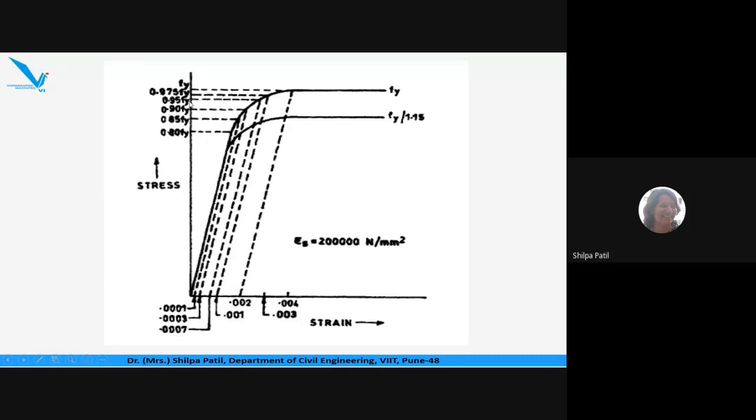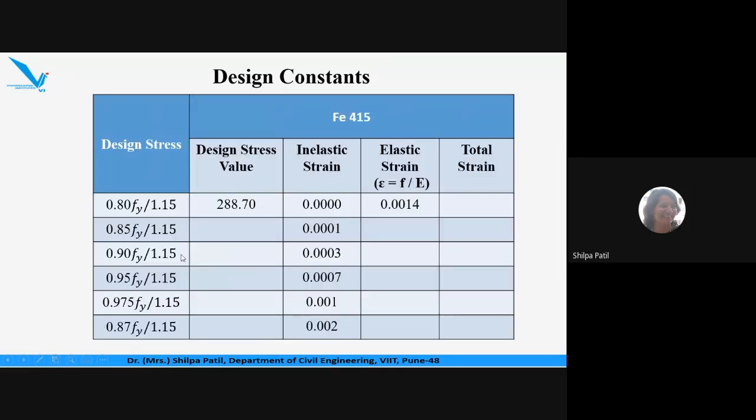Similarly, for 0.95, the value is 0.0007. Are you getting these points, students? Yes, ma'am. Okay. So the same values I have written here in the table: design stress 0.80, 0.85, 0.90, 0.95, 0.975 and 0.87 Fy.